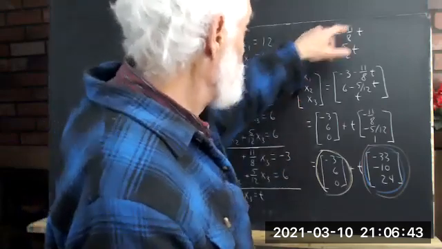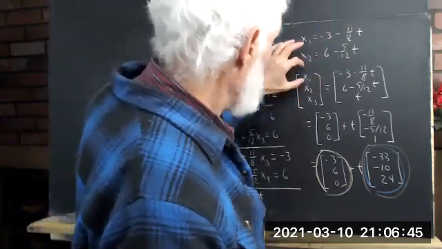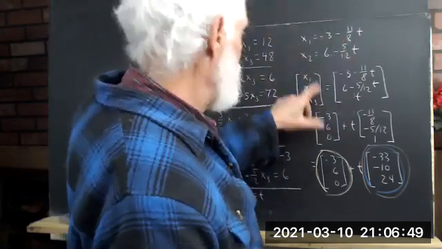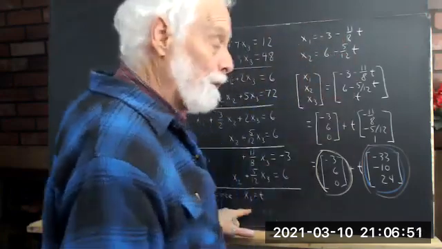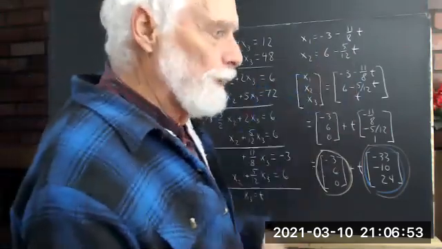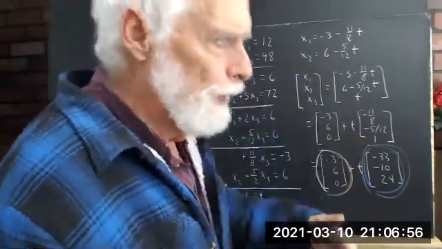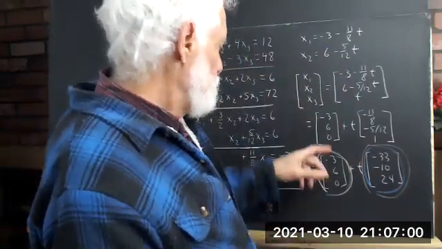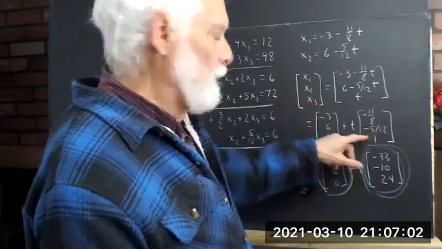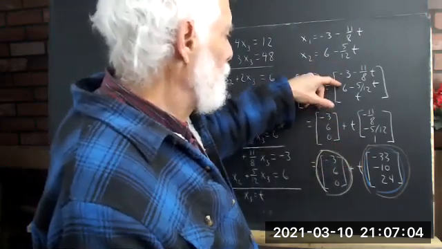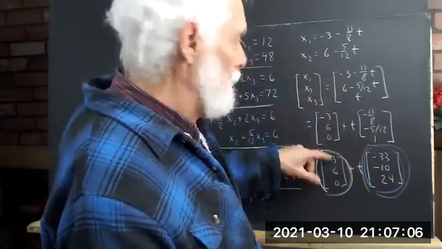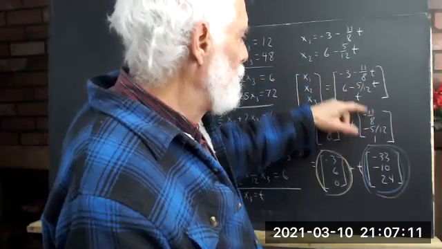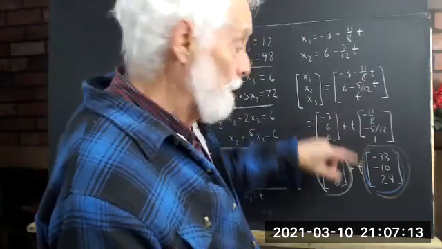Well, x1 is this. So put this here where x1 is, put this here for x2, and x3 is t. So here we have this, and just as in the case of a single equation in two variables, we can write this separating out the -3, 6, 0 here, and a t times -11/8, -5/12, 1 here.